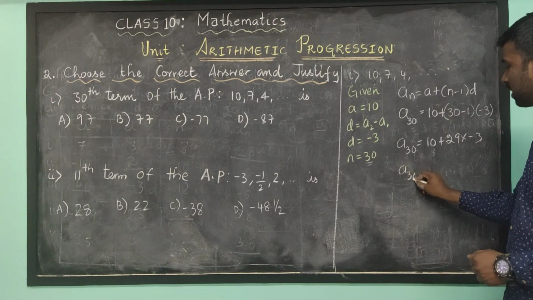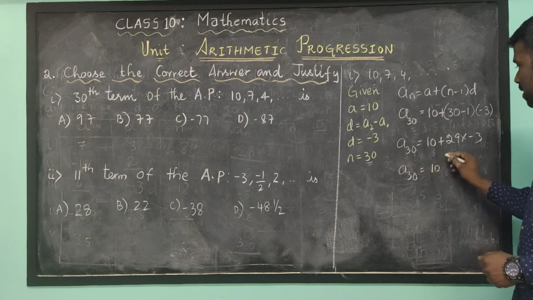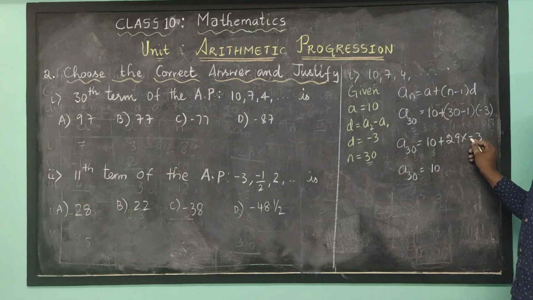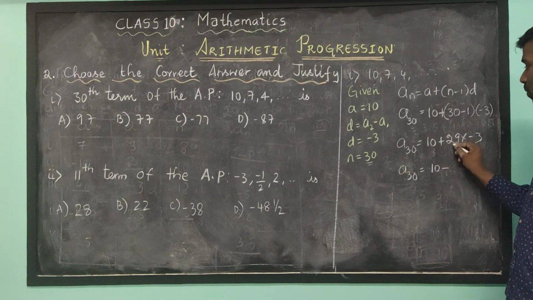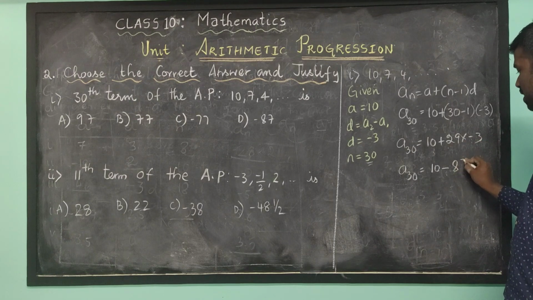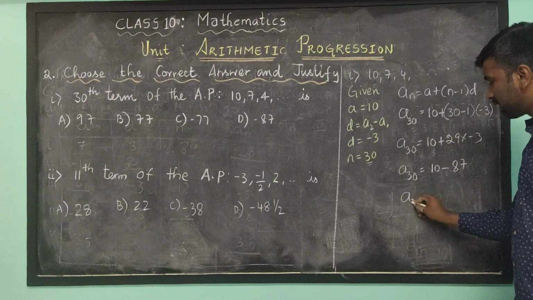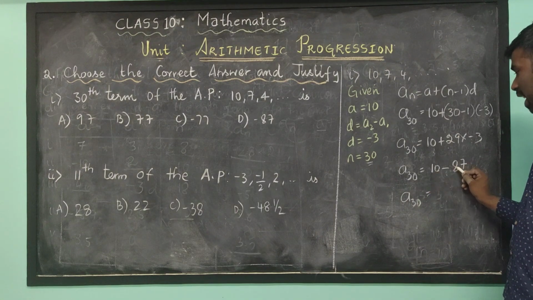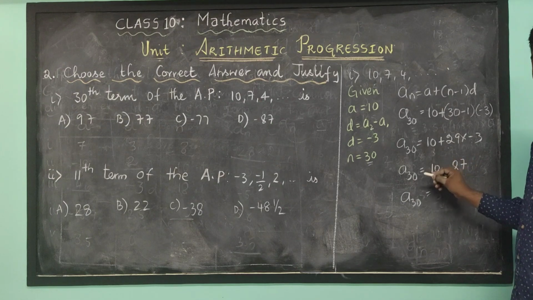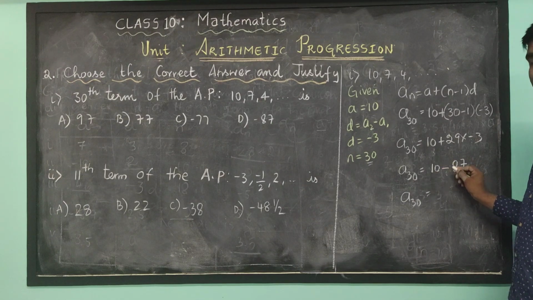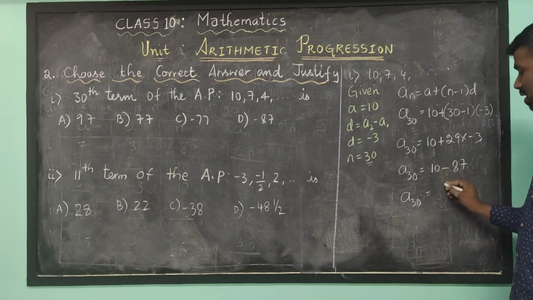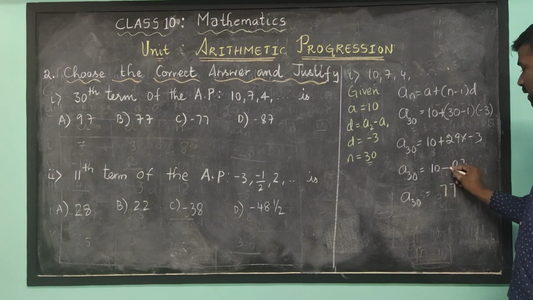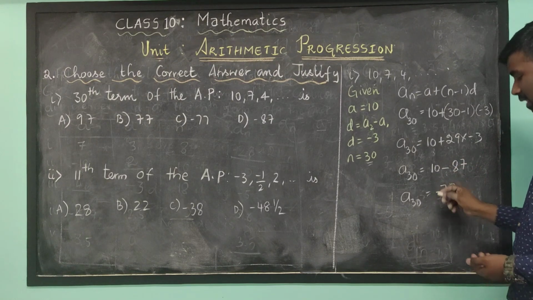Therefore, A30 equals 10 plus, now plus into minus is minus 29 into 3, that is 29 3s are 87. Now A30 equals, since you are adding a positive number and negative number, you should do the subtraction and put the bigger number sign. 87 minus 10 is 77, then bigger number sign is minus.